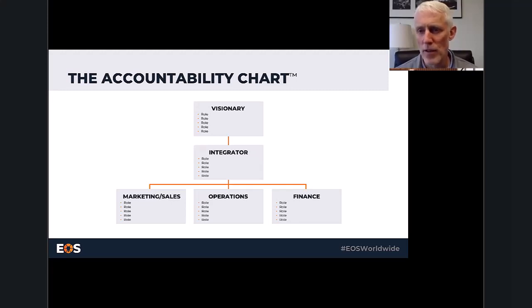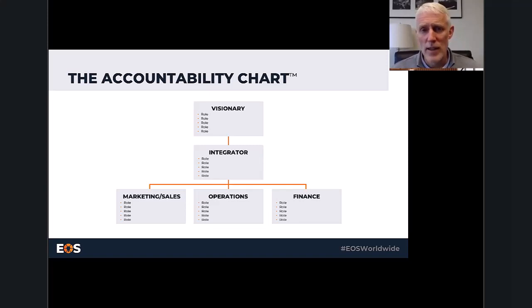If you've ever used the term swim lanes, or if people ever come to you and say, hey, I'm not sure who I'm supposed to go to about X, Y, or Z, this is a really clear and effective way to make sure the person knows, and the rest of the organization knows, who they report to and what they're responsible for delivering.